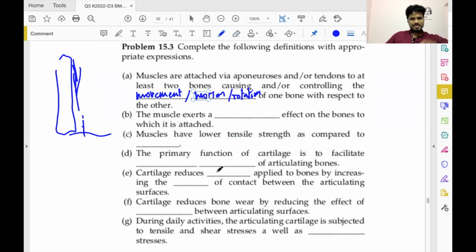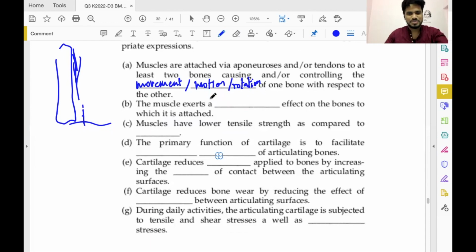This is very simple. Muscle is tensile. Yeah, it pulls. Muscles have lower tensile strength as compared to bones. Yeah, this is simple, right?